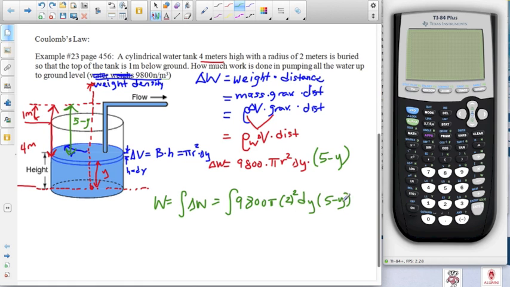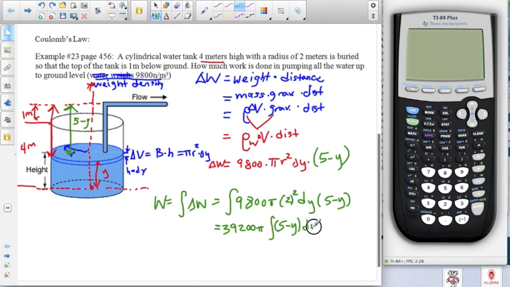So rearranging that expression then looks like, 9,800 times 4 is 39,200 pi times the integral of 5 minus y dy.